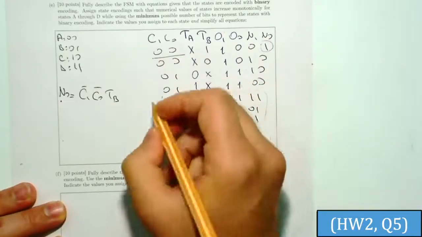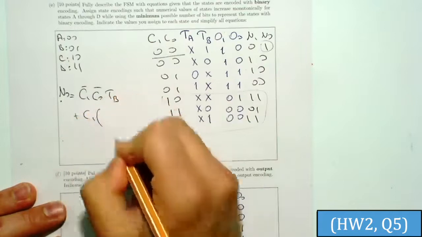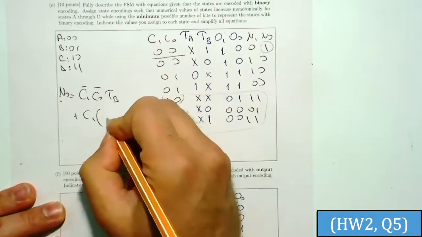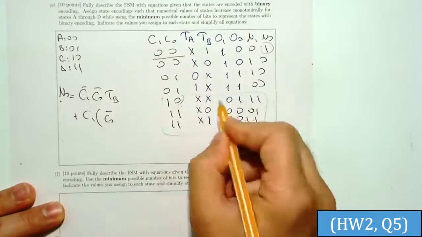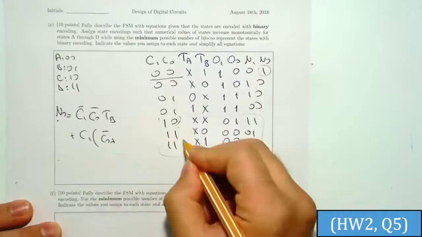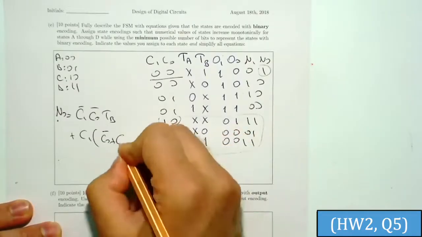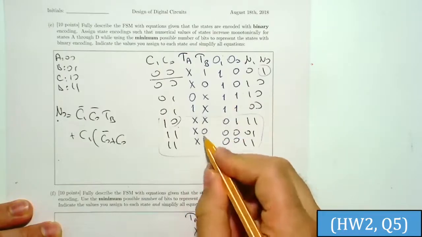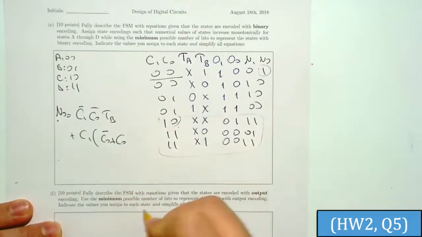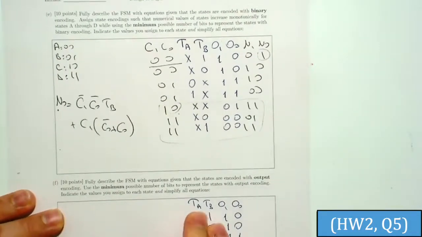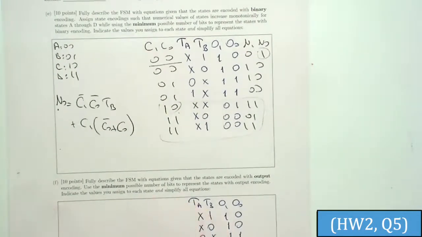Notice that I always have C1 as 1, and when C0 is 0, it doesn't depend on TA or TB, or when C0 is 1, it also doesn't depend on either TA or TB. Okay, I guess that's the answer for that one. Let me check. Yeah.